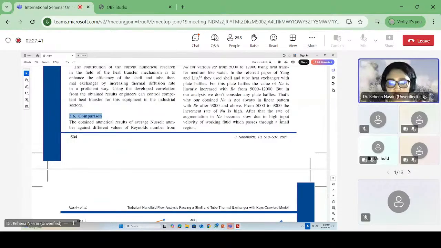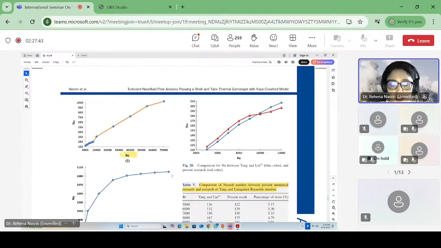This part is mandatory to establish that your result is accurate, or that there is no significant difference from the previously published results.